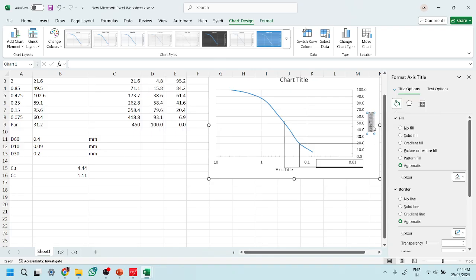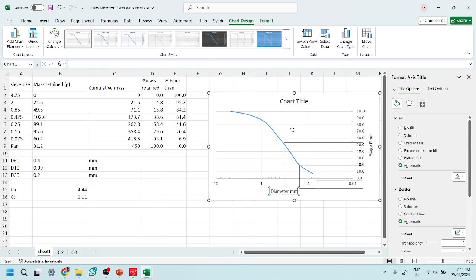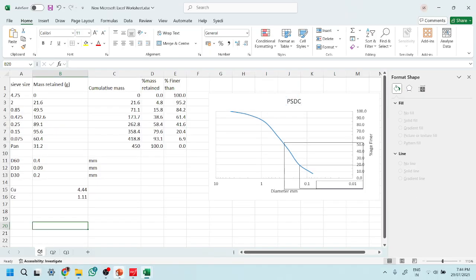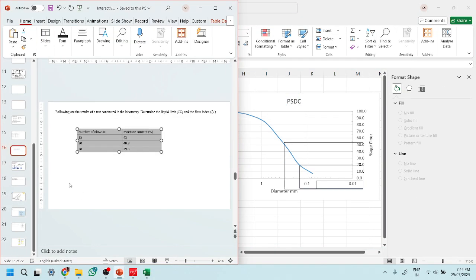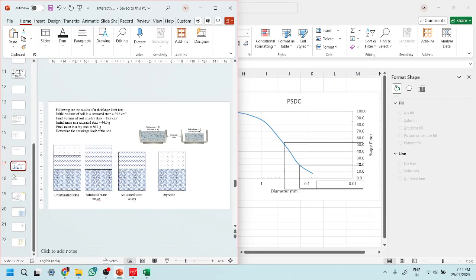This is the percentage finer. This is the parameter. This is size distribution. This is question number 1. The next part.